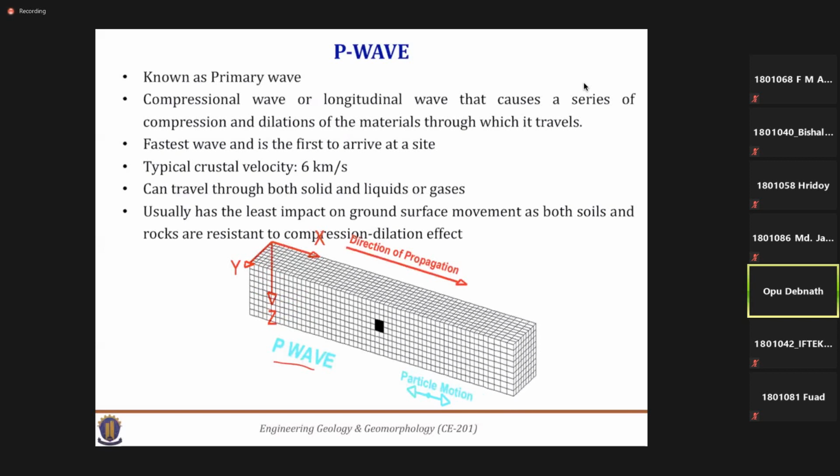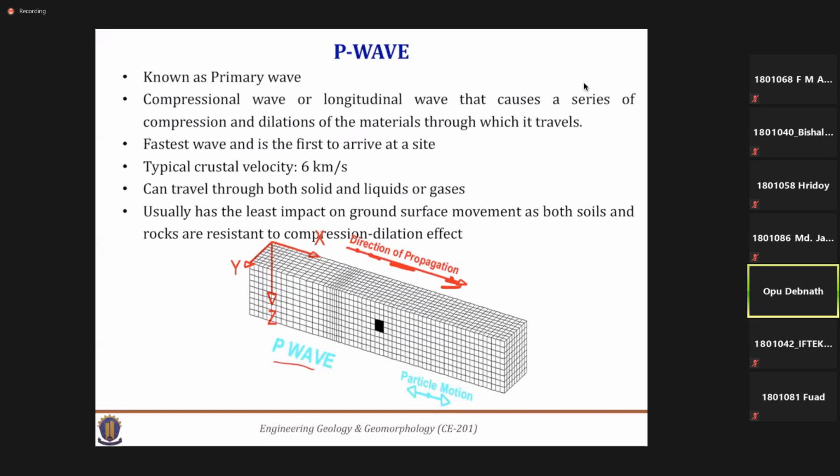So the P wave is known as the compressional wave or the longitudinal wave. This type of wave is known to all, like the sound wave. Sound wave is tension and compression. Suppose this wave is propagated in this direction. The particle movement is always in the same direction.